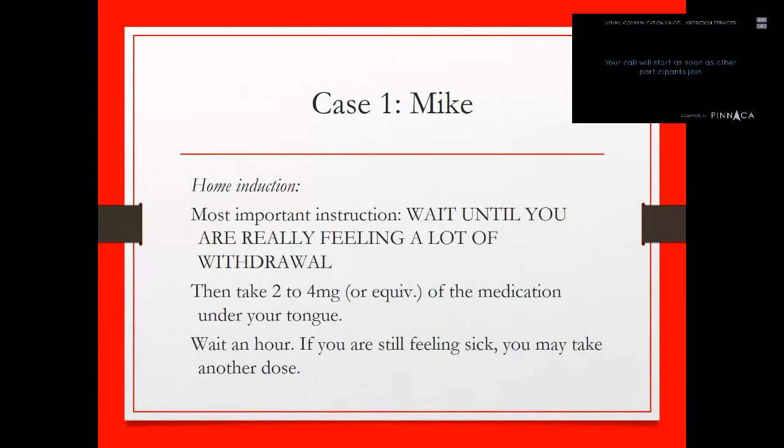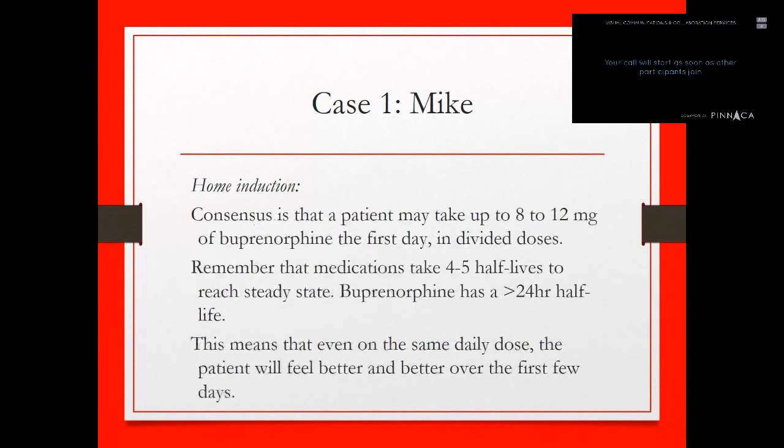The first dose would then be 2 to 4 milligrams, or the equivalent of the buprenorphine naloxone sublingually. And then let the patient wait for another hour. If they're still feeling sick, they can take another dose. So consensus right now is that patients can take up to 8 to 12 milligrams of buprenorphine on the first day in divided doses.